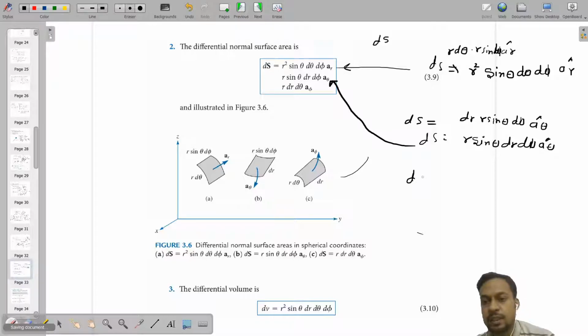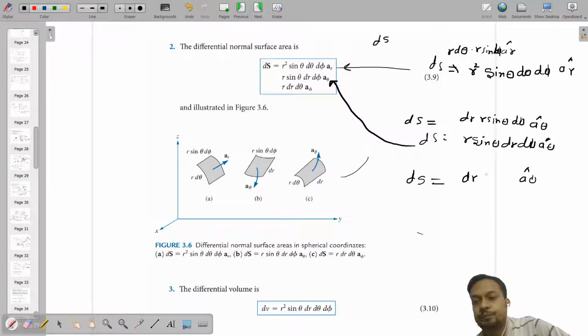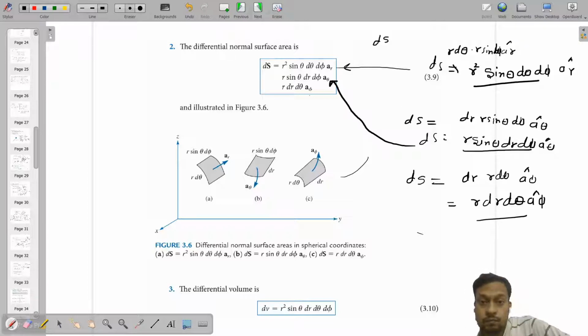Therefore, the differential surface along the unit vector a_phi can be written as r dr d theta along a_phi. This is the third equation.